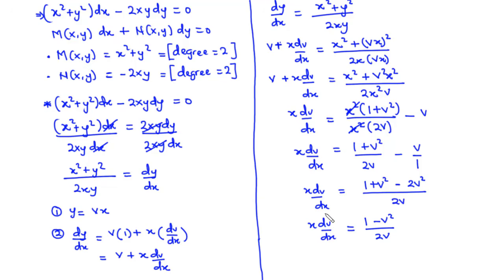So let's transfer dv to appear at the denominator. So that's going to be x divided by dx equals (1 minus v squared) divided by 2v times dv. Now at this point, because we have the x and dv both appearing at the denominator, we are going to flip both sides of the equation so that we have the x and then dv appearing at the numerator.